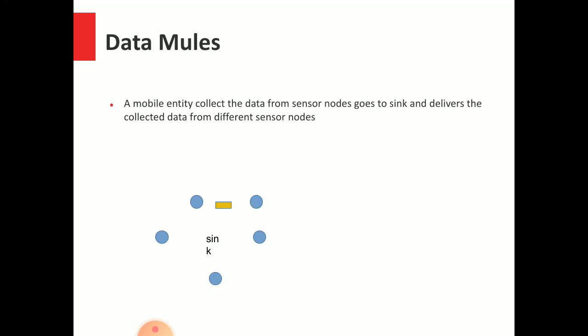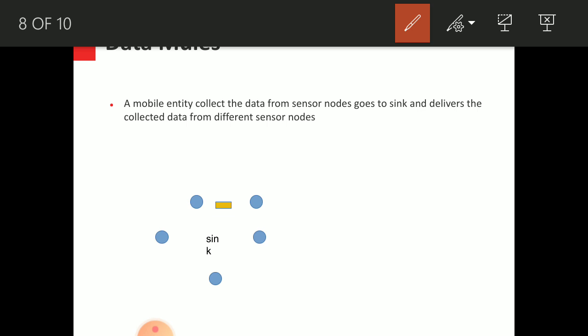Then another type is data mules. In the data mules, the sink nodes are static. Here a mobile entity collects the data from the sensor node, goes to the sink and delivers the collected data from the different sensor nodes. Here is the mobile entity device.